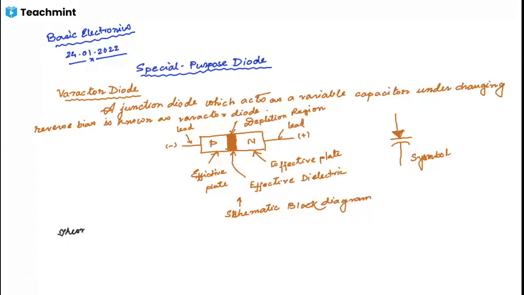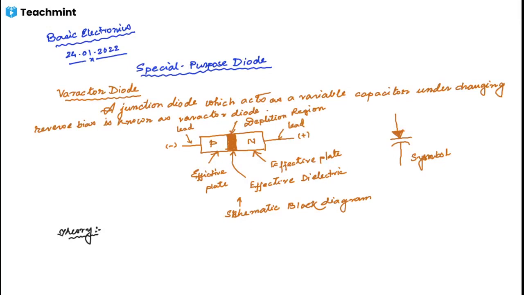Now the theory, or how it is working. For normal operation, a varactor diode is always reverse biased. We do not use a forward biased varactor diode, because that will not serve a useful purpose.